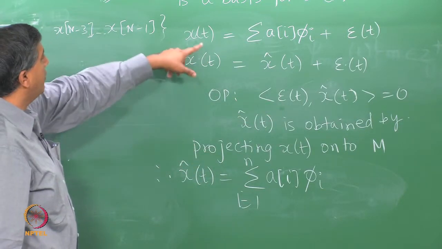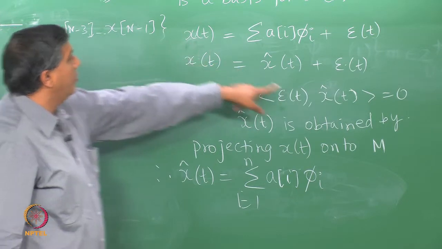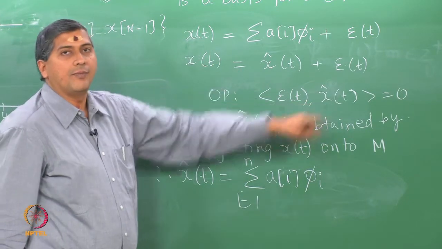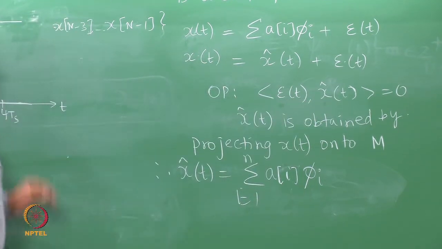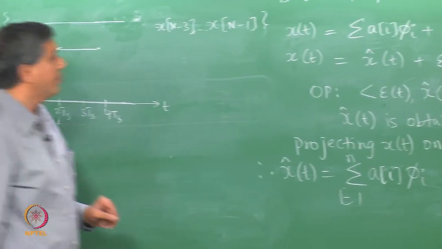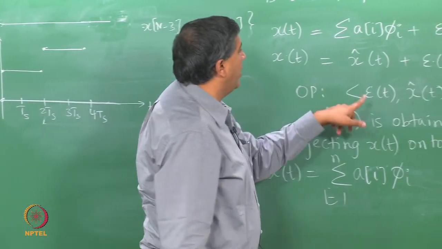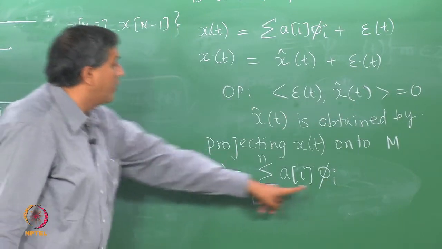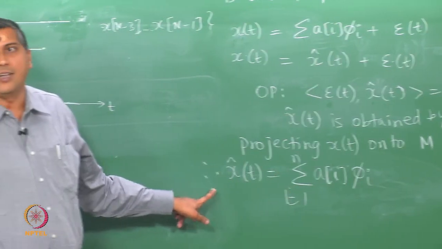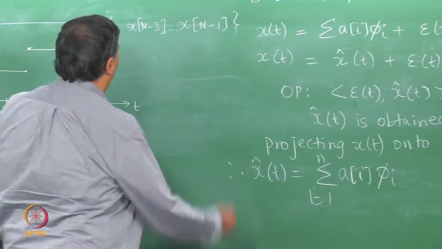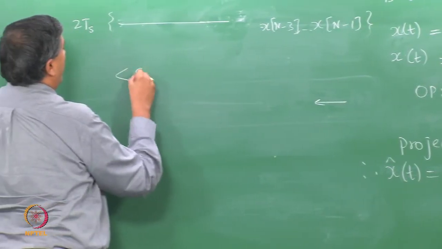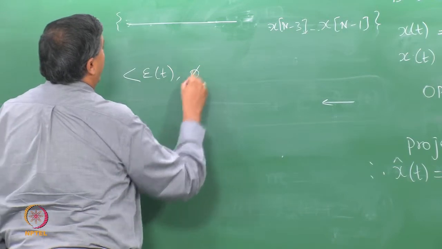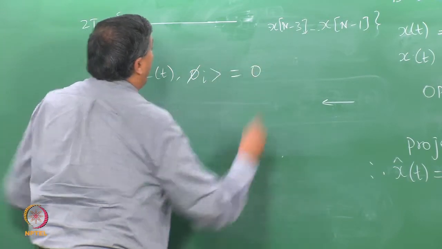So, what I do is I take inner products of epsilon with x hat of t. The only step that I do is, instead of taking the inner product of epsilon with x hat, I take inner products of epsilon with the basis functions that generate x hat. It is one and the same. Therefore, I require this.